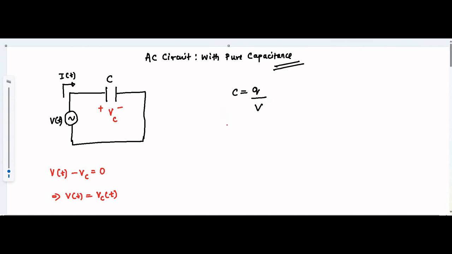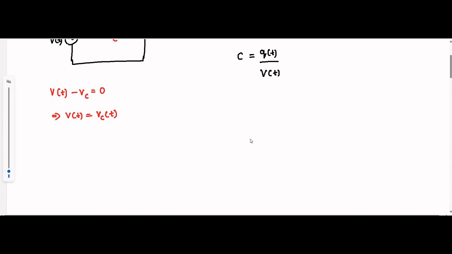So for this capacitor, capacitance is equal to Q(t) by V(t). That implies Q(t) is equal to C V(t).